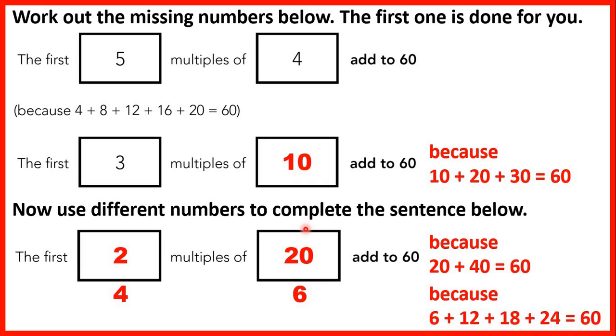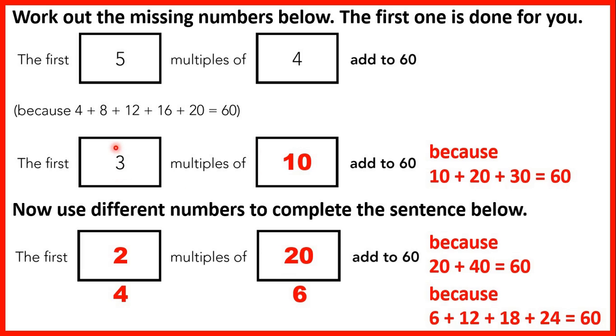Well, one shortcut is to spot that the numbers in these boxes have to be factors of 60. So 10 is a factor of 60 because 60 is in the 10 times table. 20 and 6 are factors of 60 as well because 60 is in both of those times tables.